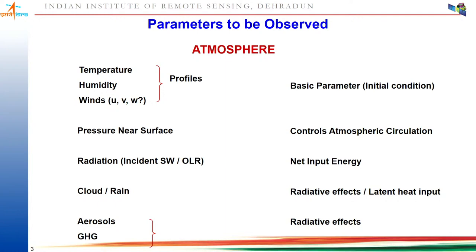These are basically the temperature, humidity, winds, then cloud, also the radiation profiles and the cloud or the rain. Now the atmosphere has different atmospheric layers, so they have different physical properties, and these are determined by the above factors which I described. And this also helps not only for the monitoring but also for the forecasting.